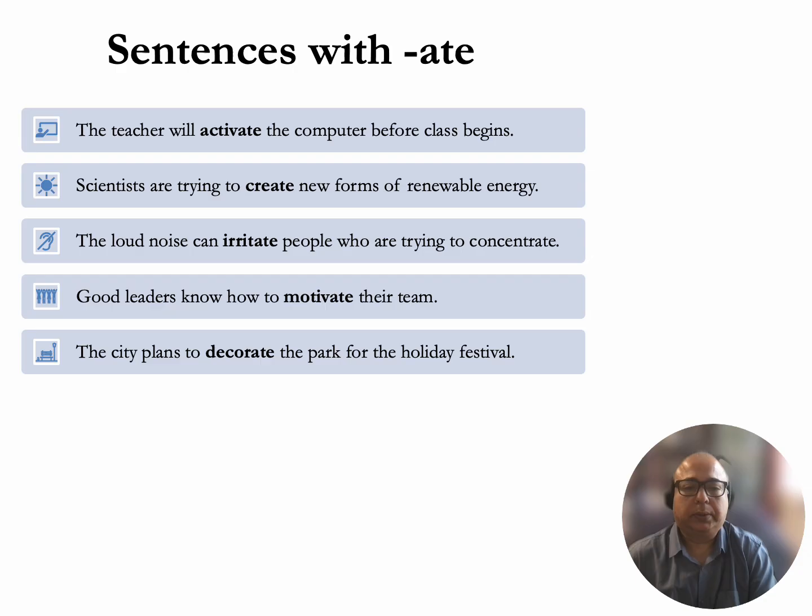Okay? So we've been learning new verb suffixes, and we also see them used in sentences. The teacher will activate the computer before class begins. Scientists are trying to create new forms of renewable energy. Create, to make something new.